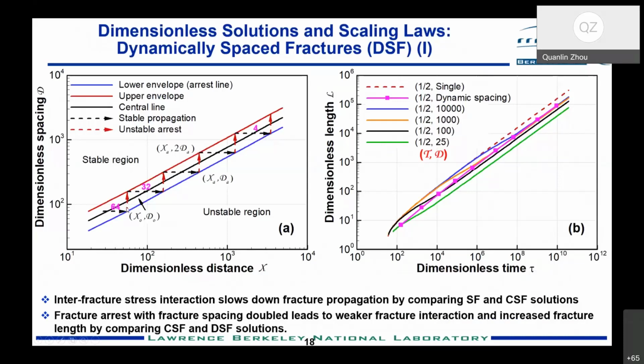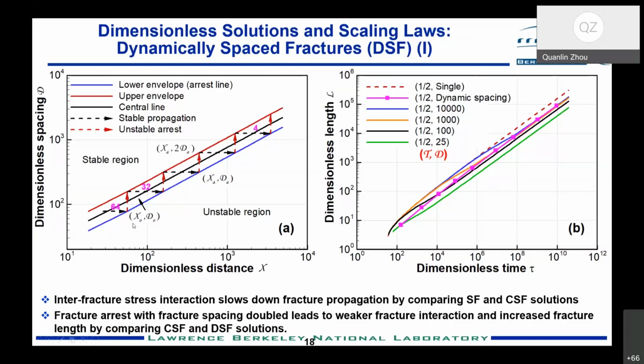So half of them are arrested, but the fracture spacing doubled. And again, there is stable propagation, and then arrest again and again. So after 4 steps or arrests, we only have 4 propagating fractures.